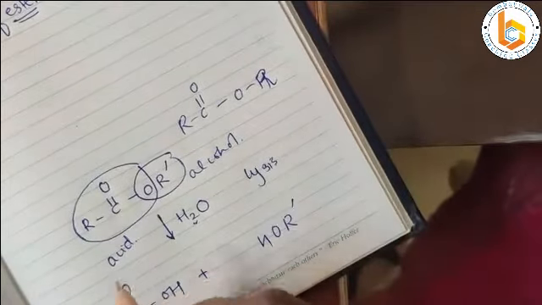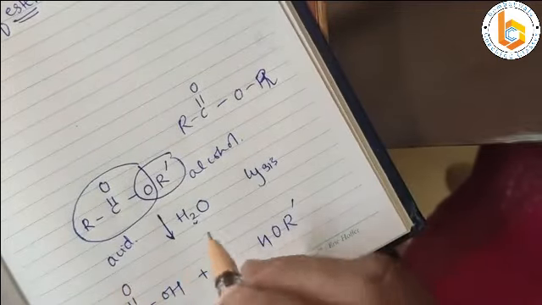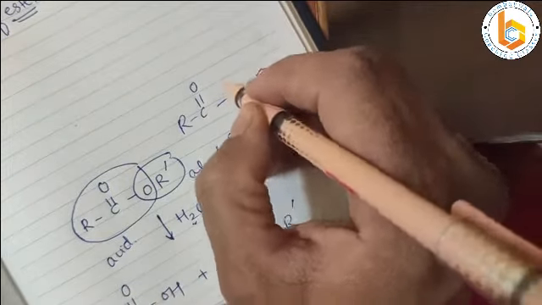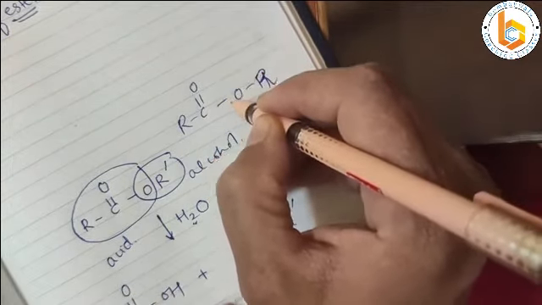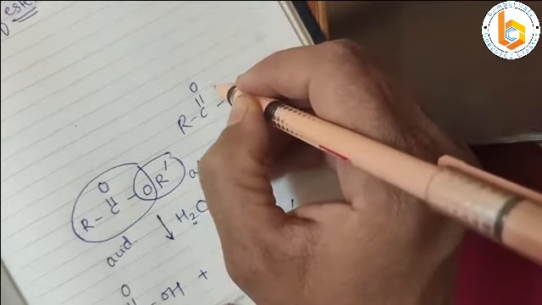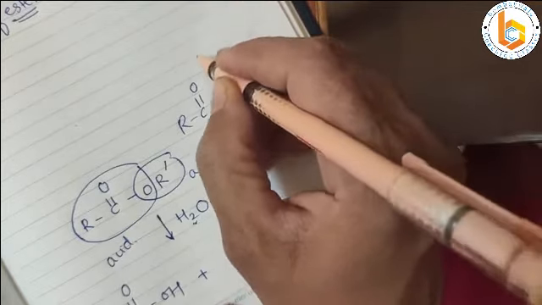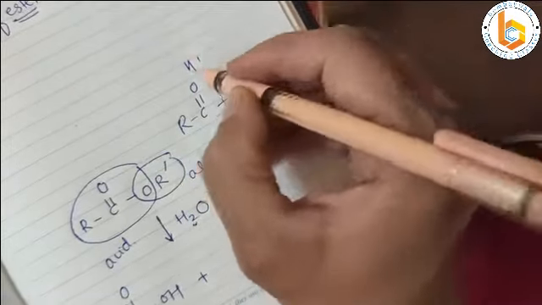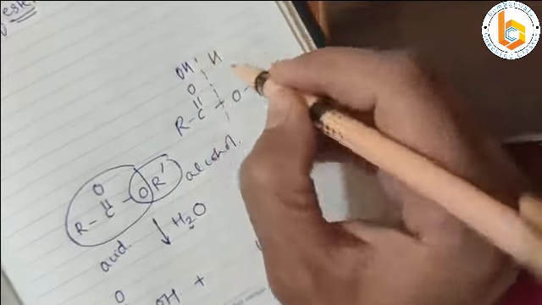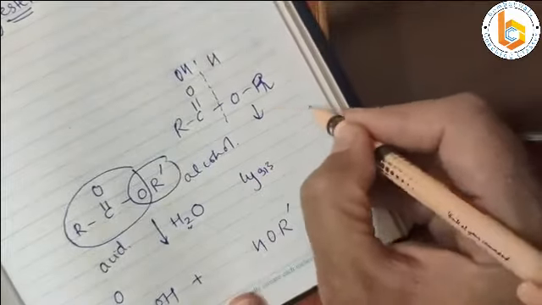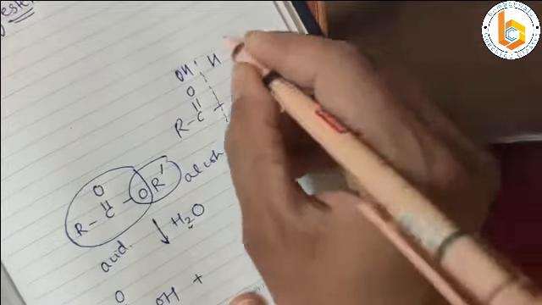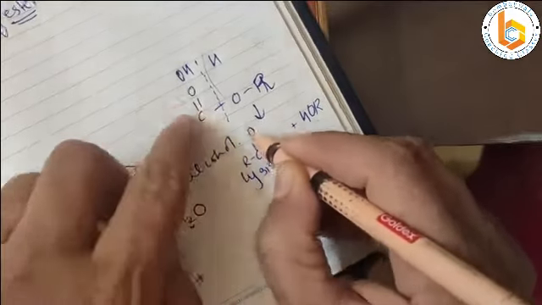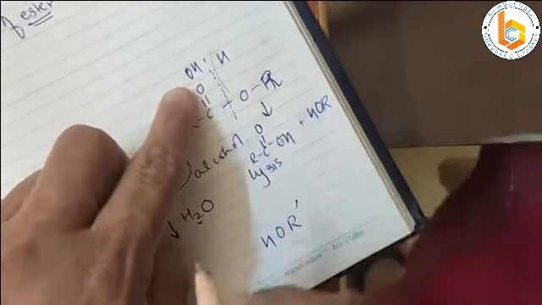And I want to perform hydrolysis, breaking down in presence of water. So how it will happen? It will occur like this. H, that is nothing but ROH and RC double bond OH.